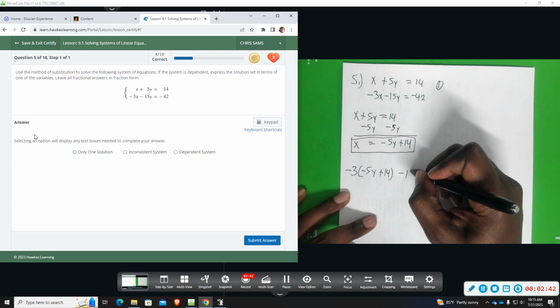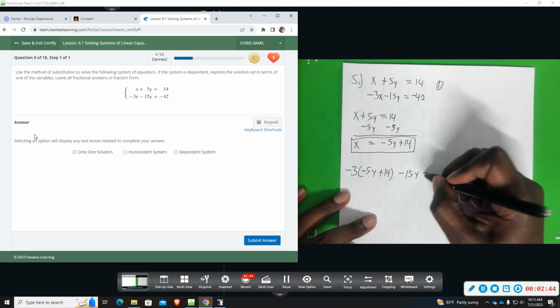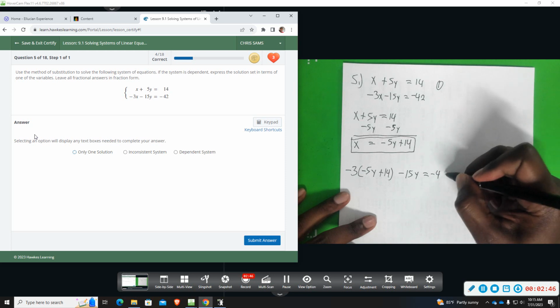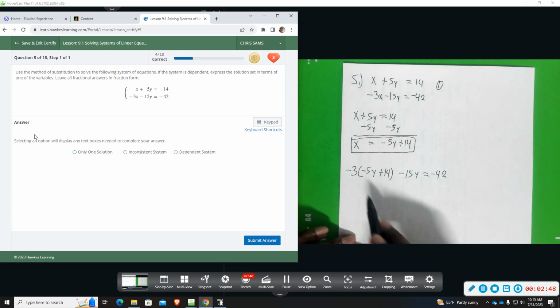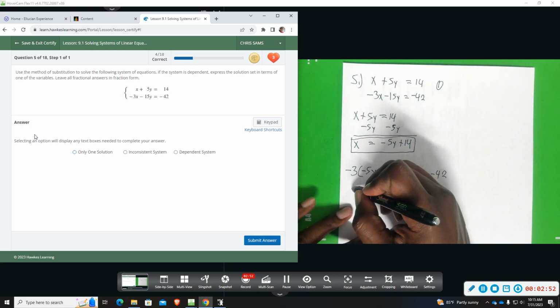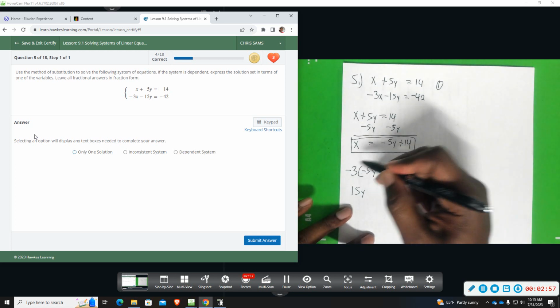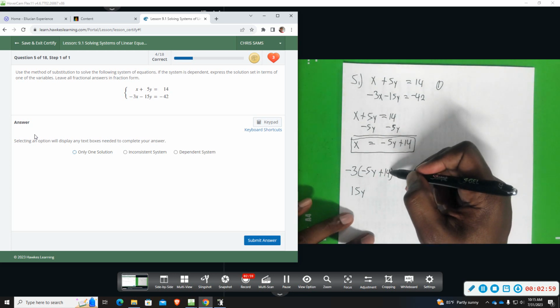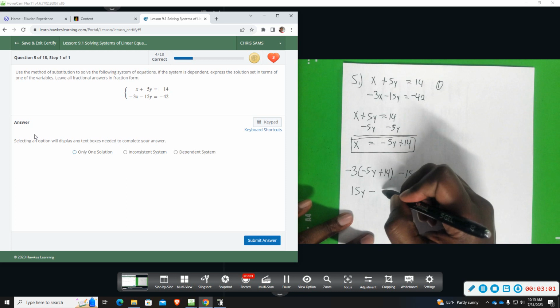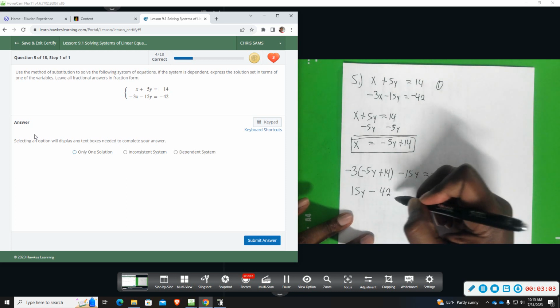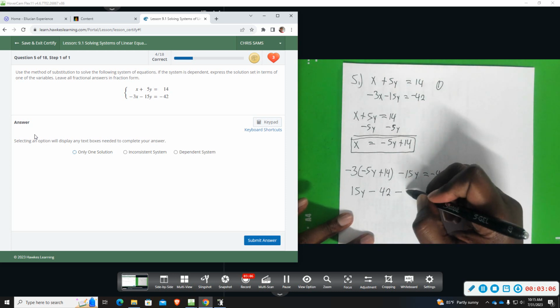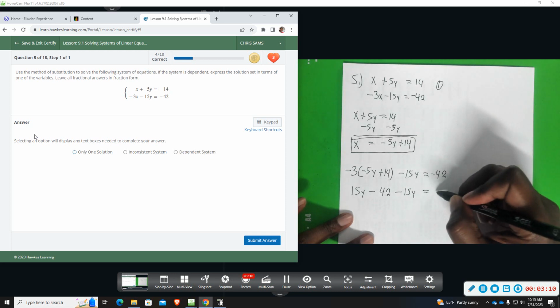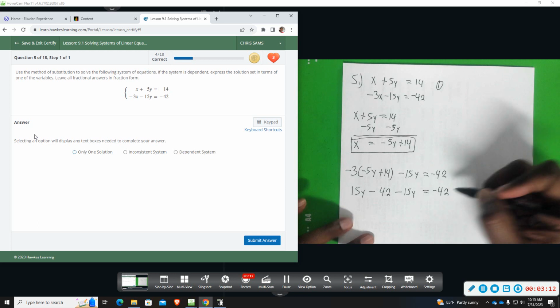Minus 15y equals negative 42. Okay, so we're going to do negative 3 times negative 5y. That's going to give us positive 15y. Negative 3 times 14 will give us a negative 42. Bring down the remaining part of the equation. Minus 15y equals negative 42.